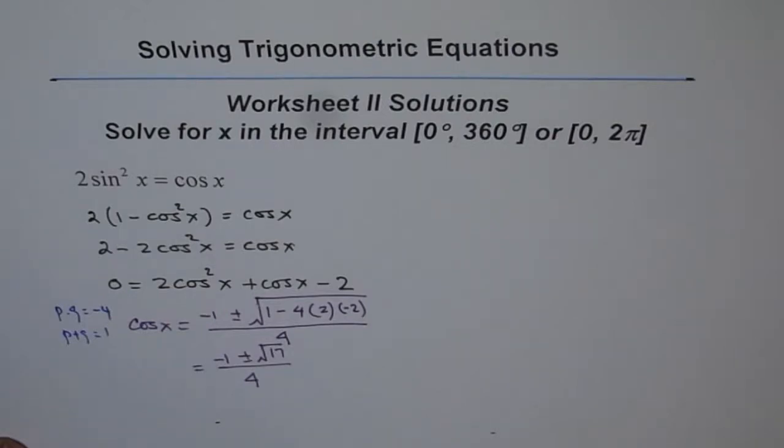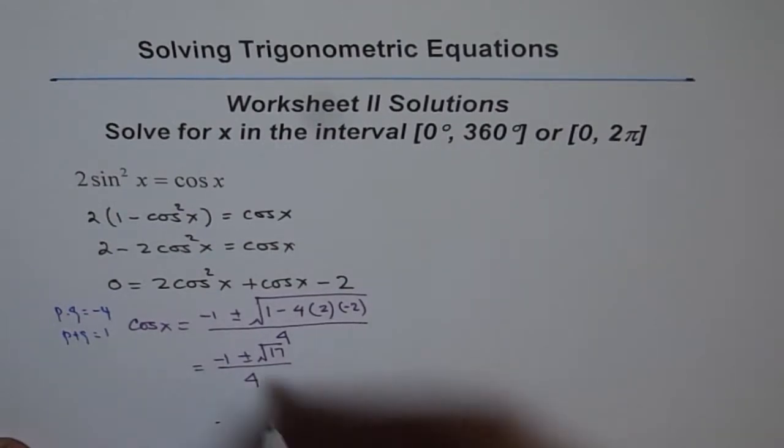So we'll do it again. We have minus 1 plus the square root of 17, which is 4.123, and then we will divide this by 4.